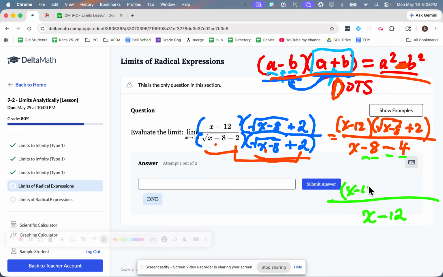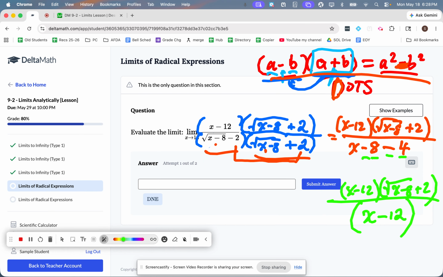And I'm going to rewrite the top. Interesting, right? All I have to do is put parentheses around that, and you can see the duplication. I have a factor up here, x minus 12. I have a factor down here of x minus 12. And so when we cancel out, we replace with ones. And this is what I have in the end.